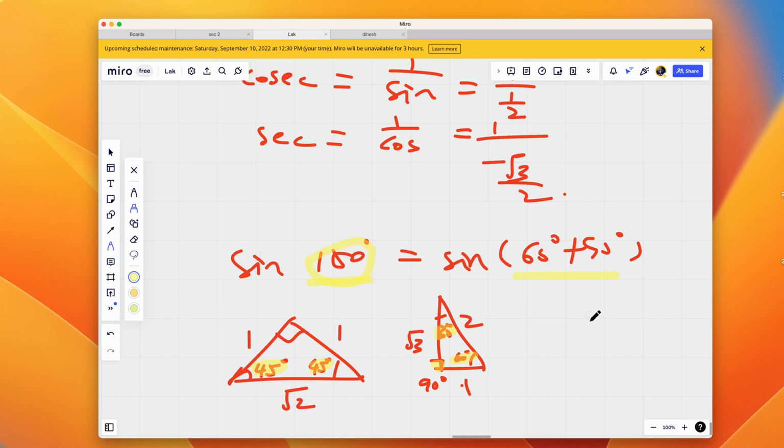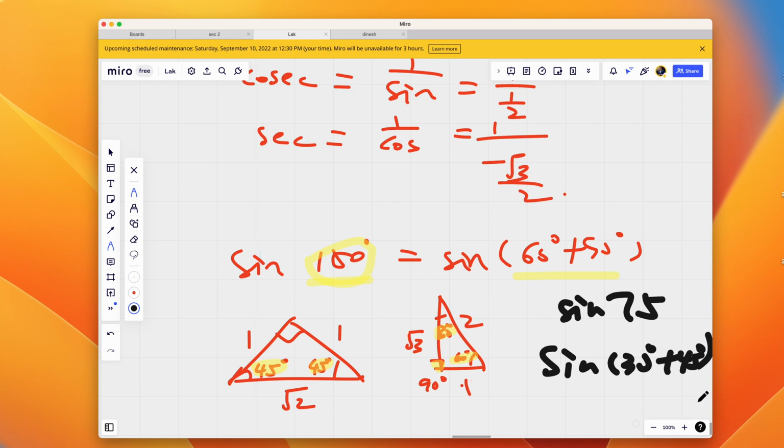So if you get sine, let's say, maybe 75, then you have to think, which two can help me get 75? So it's sine of 30 plus 45.